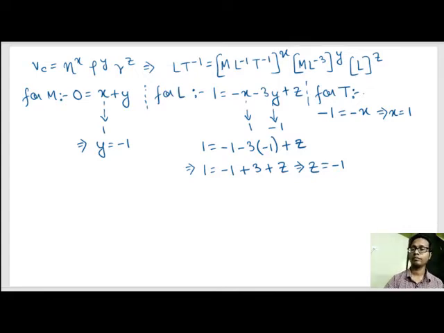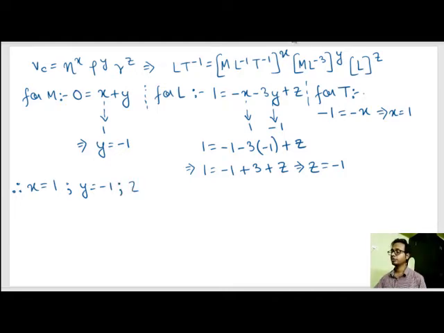Therefore we found x equals 1 from T, y is equal to minus 1 from M, and z is equal to minus 1 from L.